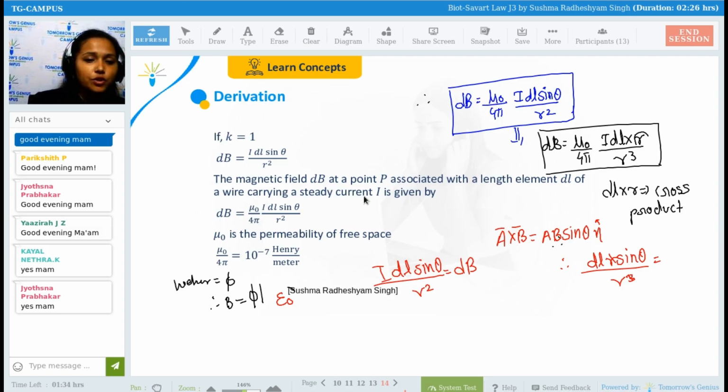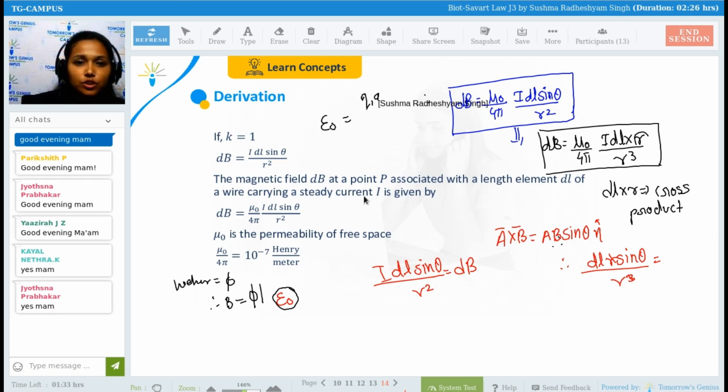Okay. So what is the unit of epsilon naught? It's something like Newton over Newton meters. Newton. Epsilon naught is related to force. Sorry, for force, we write Q1 Q2 upon 4 pi epsilon naught times r square.